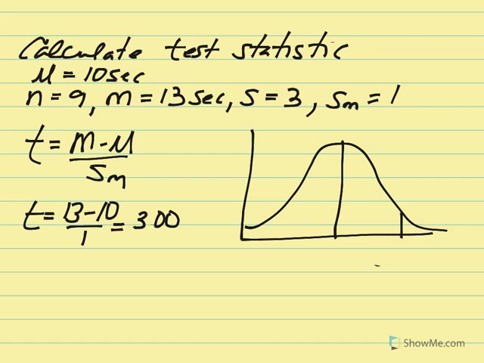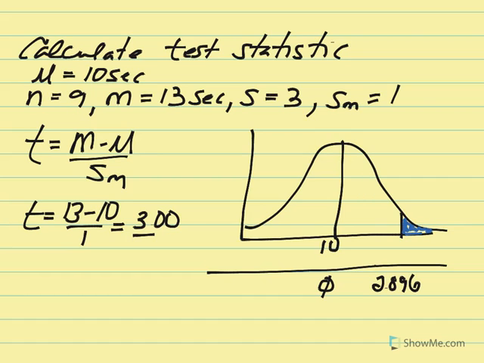The mu in the center is equal to 10. Our sample mean, right, it's converted into a t-value of 3. And in the center, t would equal 0. Our critical t was set at 2.896, which defines the critical region.